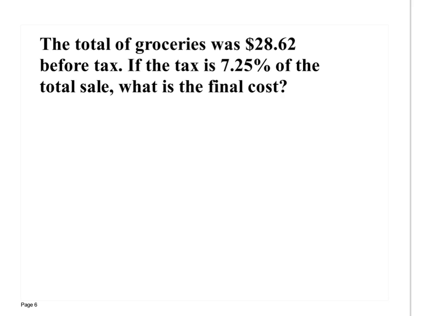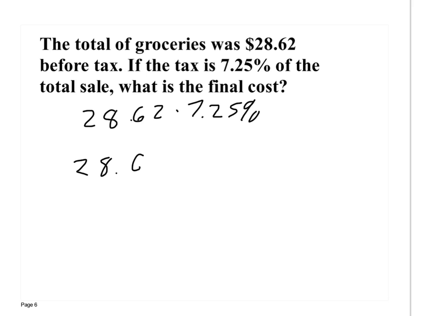What we've got to do is find out how much the tax is going to cost us. So we take $28.62, and we times it by 7.25%. When we times by a percentage, we have to change a percent to a decimal.